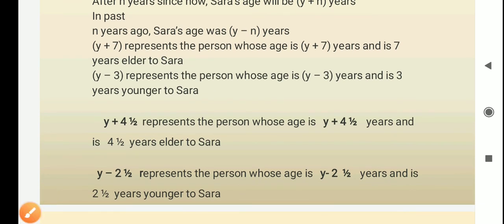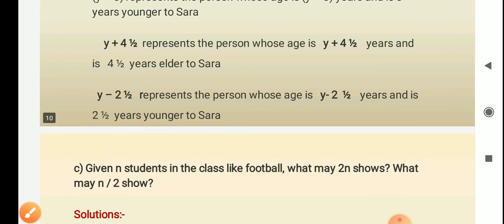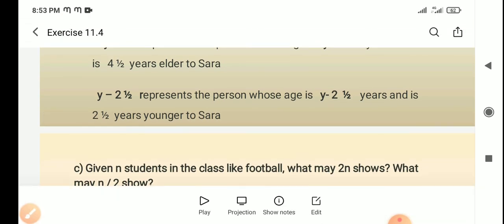Next expression, y plus 4 1/2. It represents the person whose age is y plus 4 1/2 years and is 4 1/2 years elder to Sarah, because it is added. Next expression, y minus 2 1/2. Here it is subtracted, so that person will be younger than Sarah.